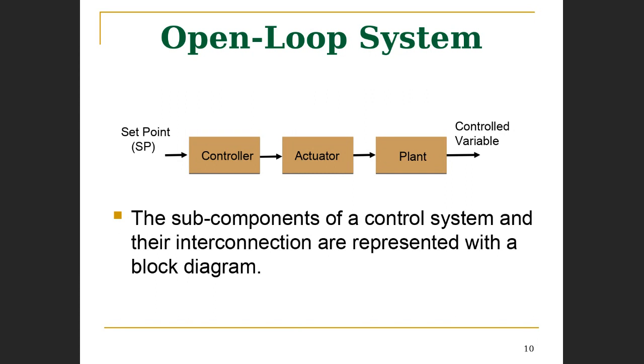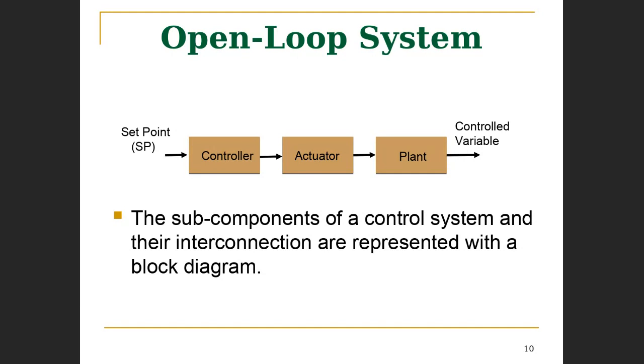Now, to the far left, we have a signal called a set point, okay? And that is where the user would indicate the desired outcome. And on the far right, we have what we call the control variable, what it is that we are seeking to force to have a specific value. Okay, so that is our open loop system in terms of block diagram.